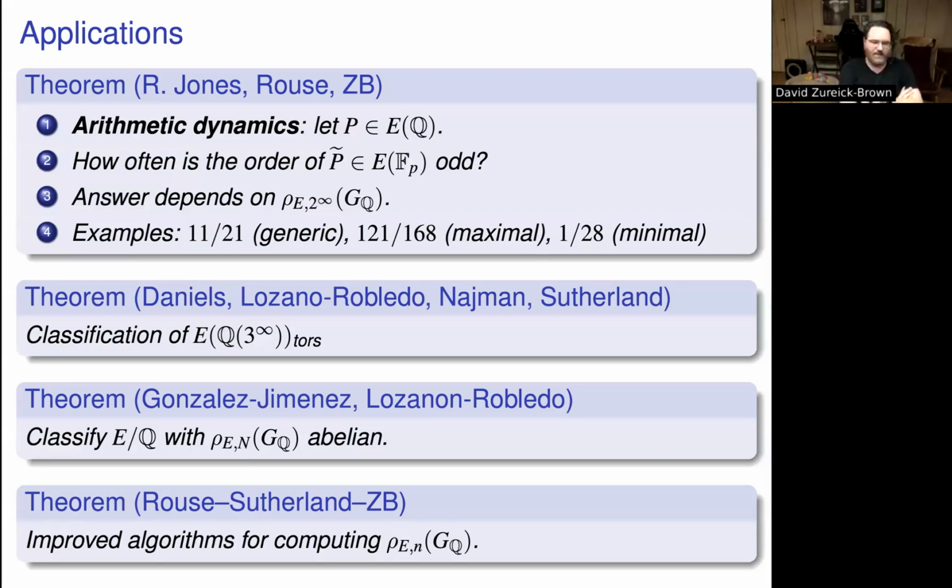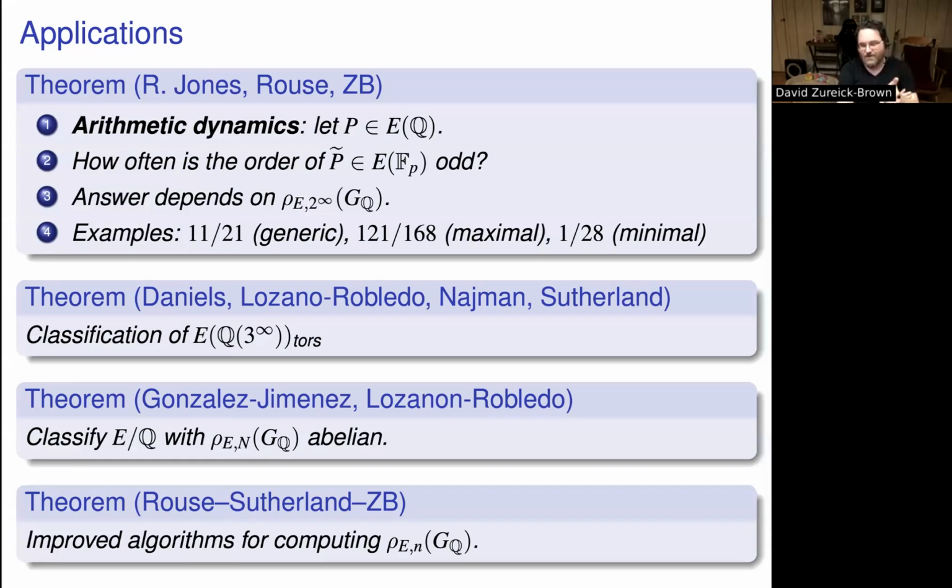And he was like, "Oh, well, I guess I could have put in my actual reason for studying this problem, which is arithmetic dynamics. It's a really concrete problem. Take a point of infinite order on an elliptic curve and ask how often is the reduction of that point odd order." The answer, it turns out, depends on exactly what the 2-adic image of Galois is, and surprisingly, generically, it's not half, it's slightly more than half.